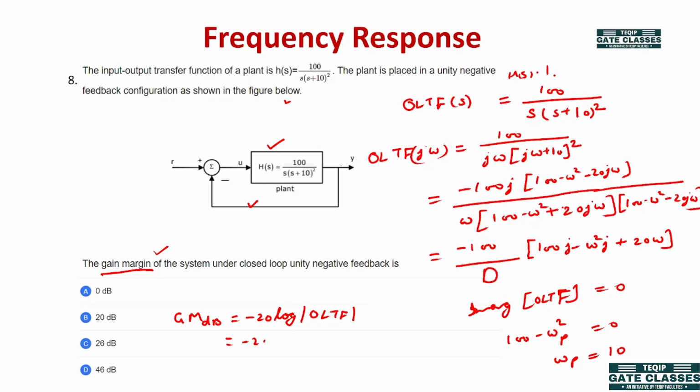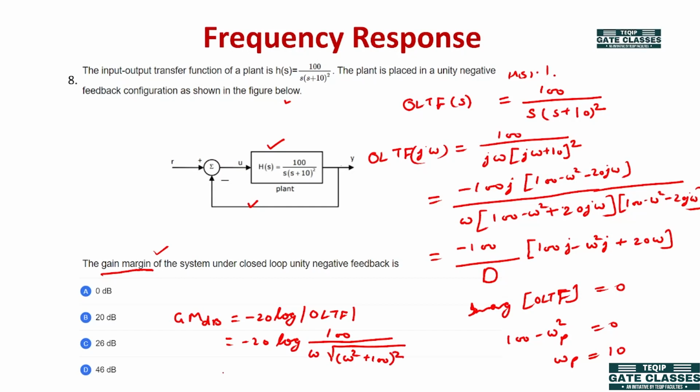So it is minus 20 log 100 upon omega into under root omega square plus 100 square.